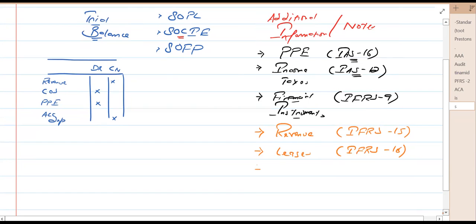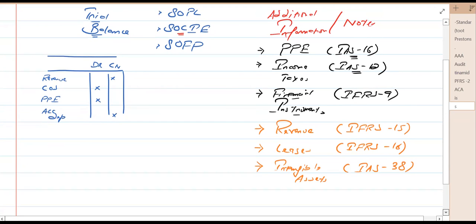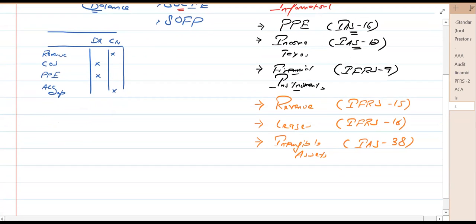And then sometimes from intangible assets, which is IAS 38. Okay, and sometimes from provisions, contingent assets, and contingent liabilities, which is IAS 37.